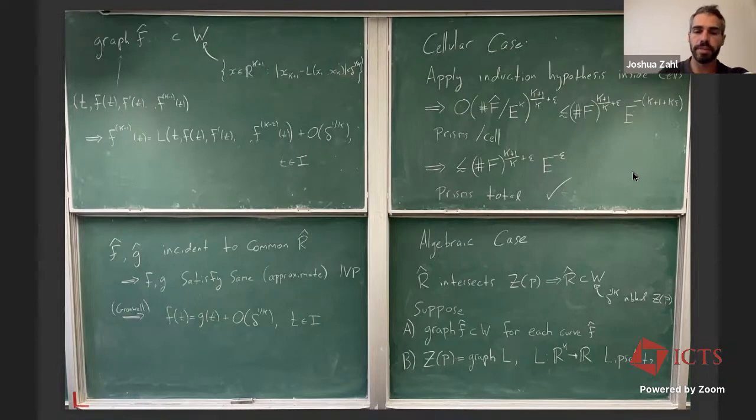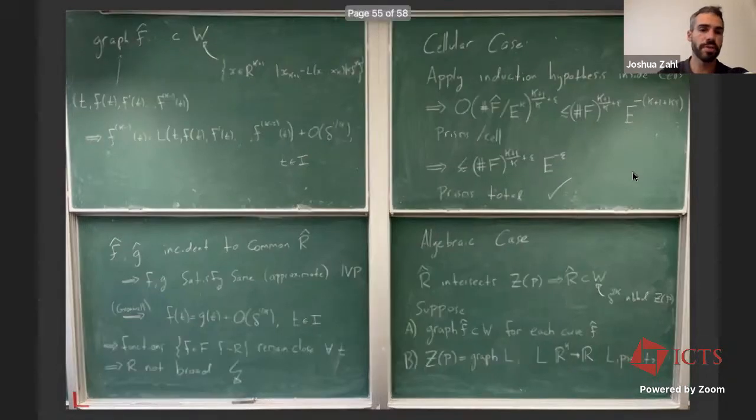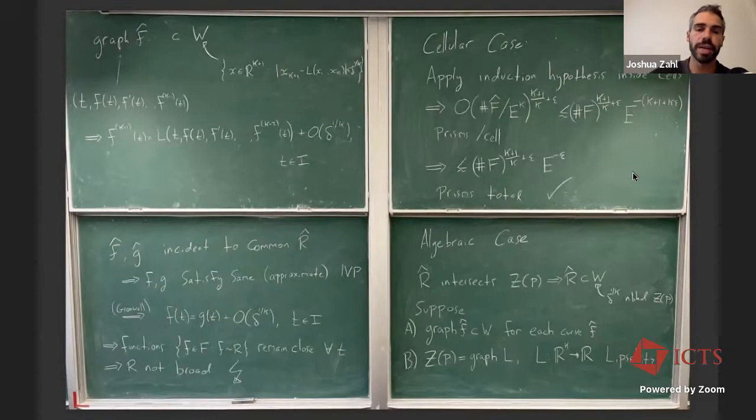So that's kind of interesting because I took just two different functions, f hat and g hat, that were incident to the same rectangle R hat, and I concluded that they have to stay close to each other for all time. So what does that mean? It means look at all the functions that are incident to R hat. All those functions have to stay close to each other for all time.